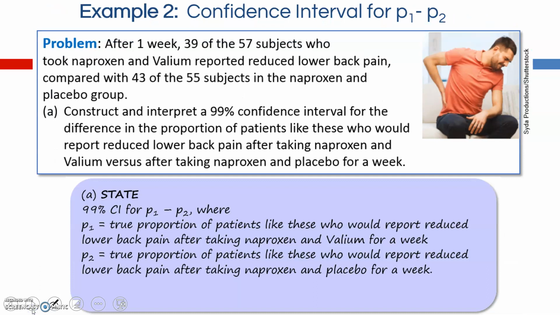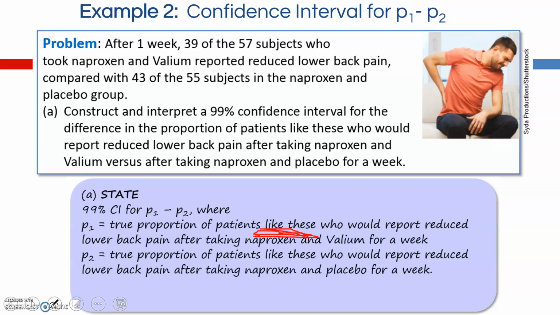So the way you would state this is you would say, I want to construct a 99% CI for p sub 1 minus p sub 2, which is the true difference in those two proportions, where p sub 1 is the true proportion of patients like these. The reason we're using this interesting wording is because we are not randomly sampling from our population. These were volunteers or patients that were recruited, so we can't say for all patients.